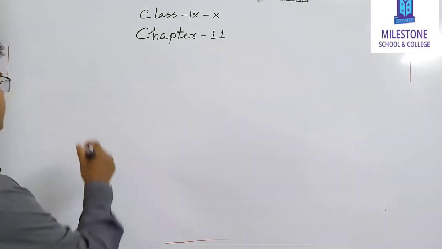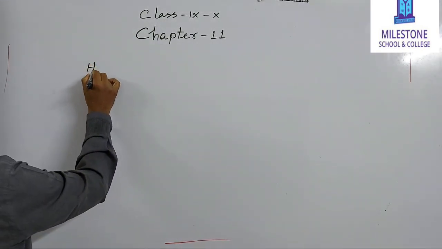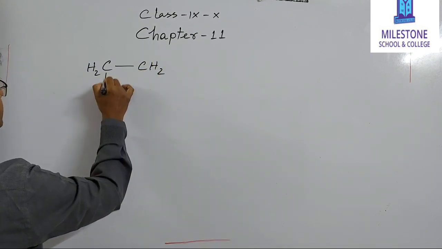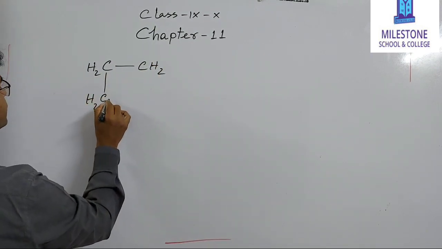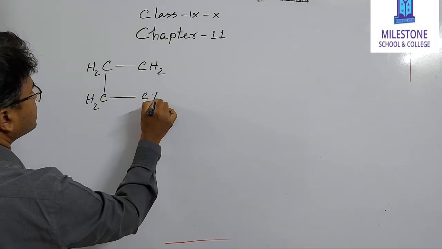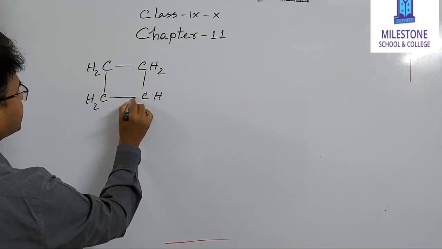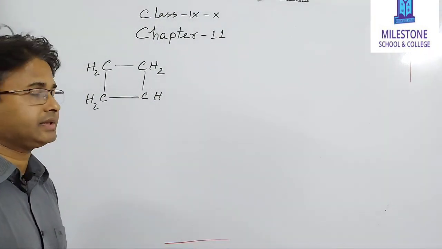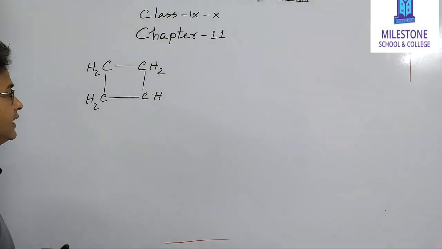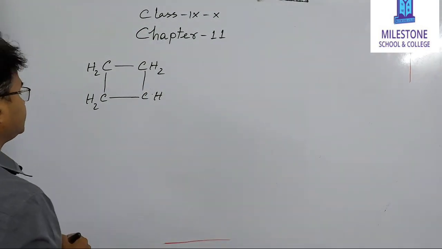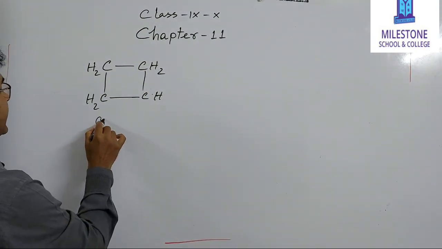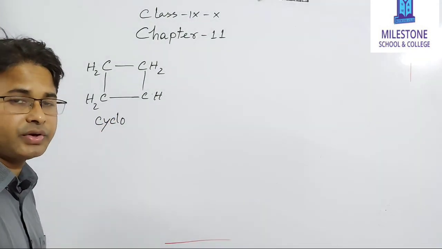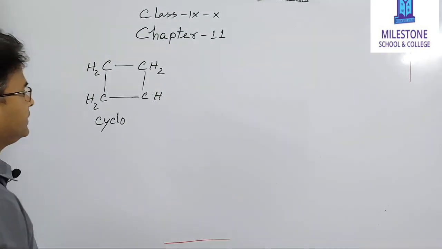Suppose this is a compound. Dear students, all of you know that this is a closed chain compound because the terminal carbon atoms are connected with one another. In case of a closed compound, I taught you to write the word cyclo at the initial point of the name.